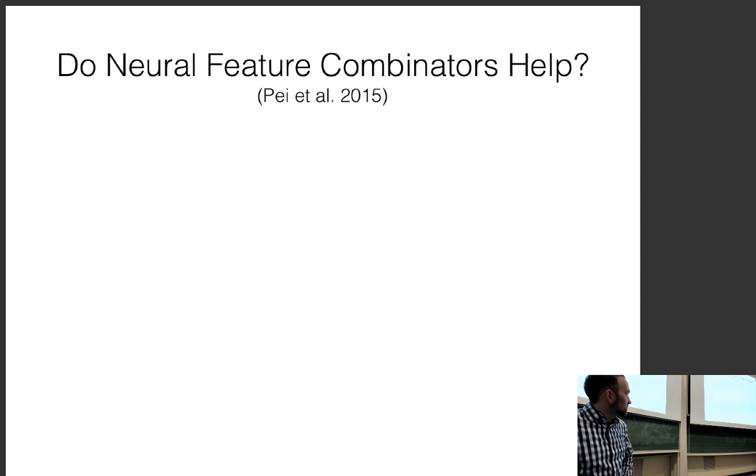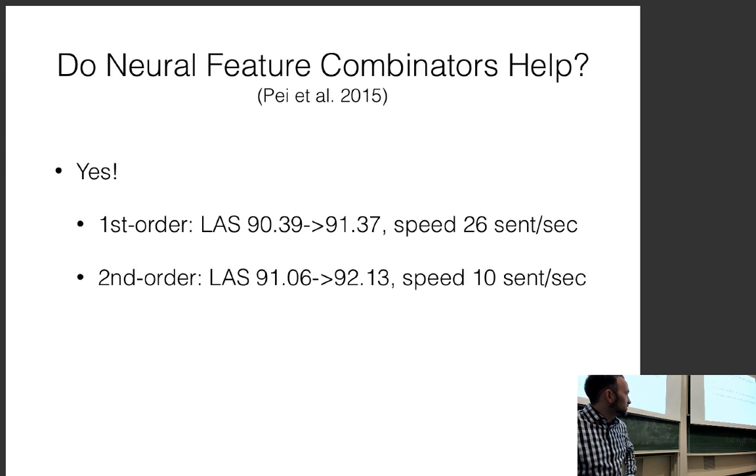So their results were quite good. They improved the labeled attachment score from the previous state of the art from 90.39 to 91.37, 91.06 to 92.13. And the speed was reasonably fast.